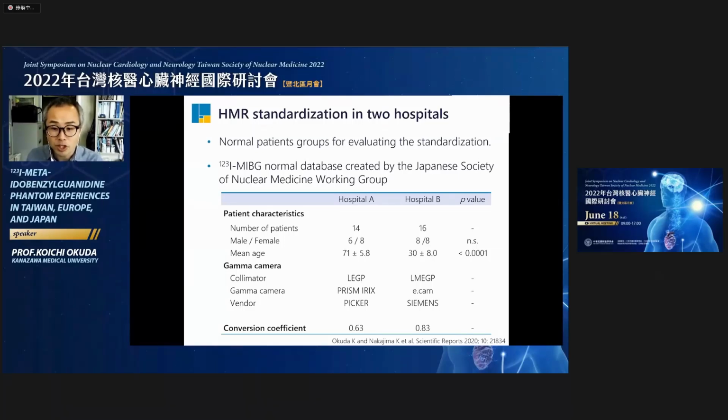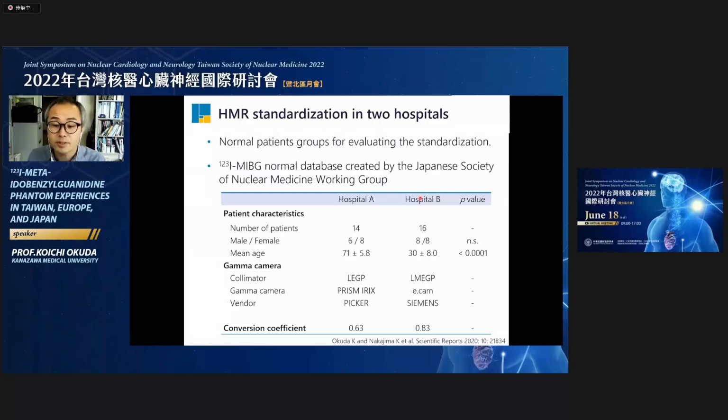The number of patients were 14 and 16 for hospitals A and B, respectively. As for the gamma cameras and collimators, a Prism IRIX with LEGP collimator was used in Hospital A. ECAM with LMEGP collimator was used in Hospital B.